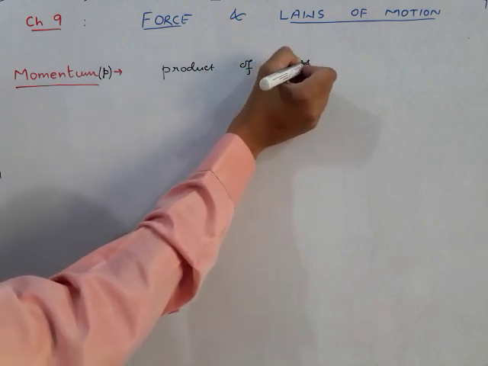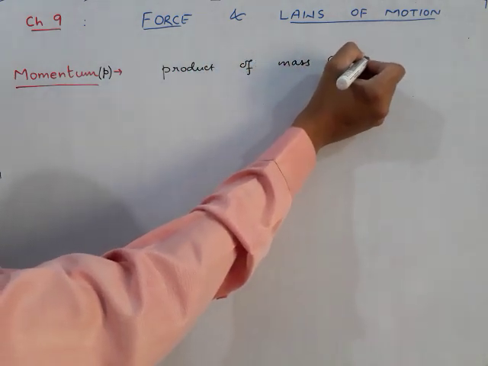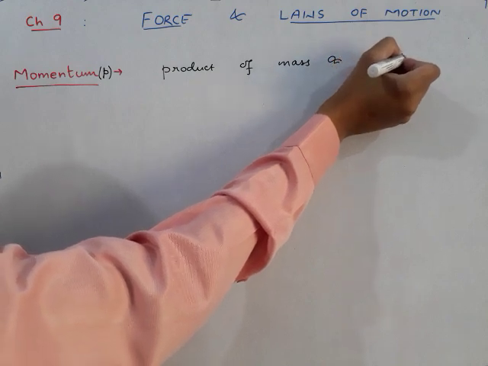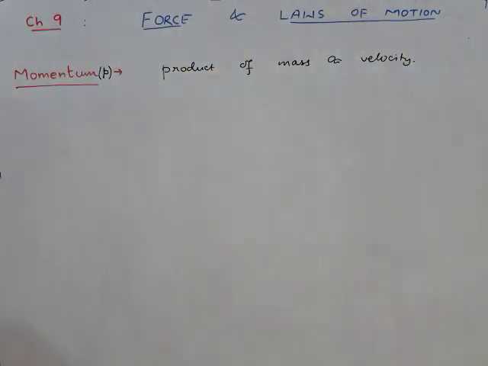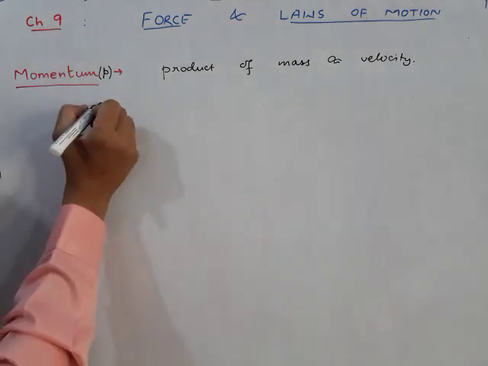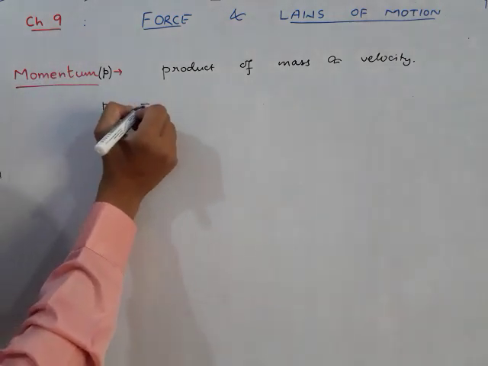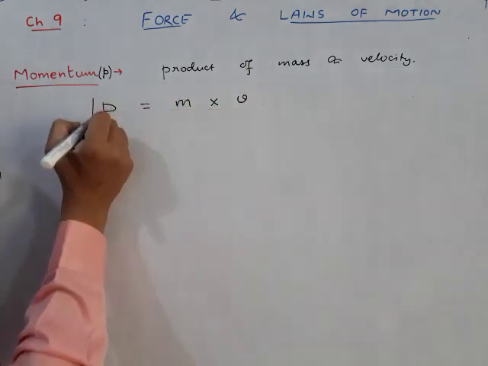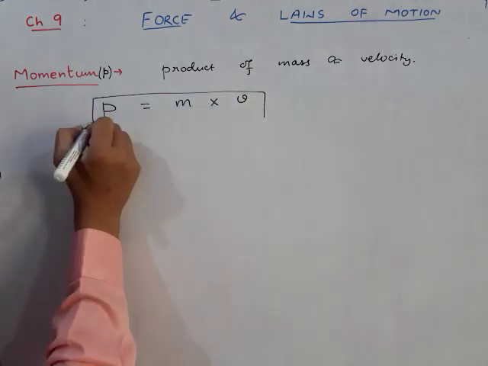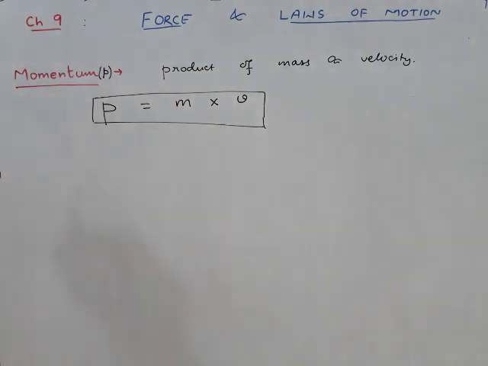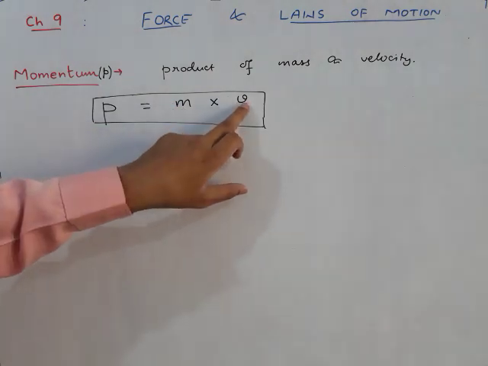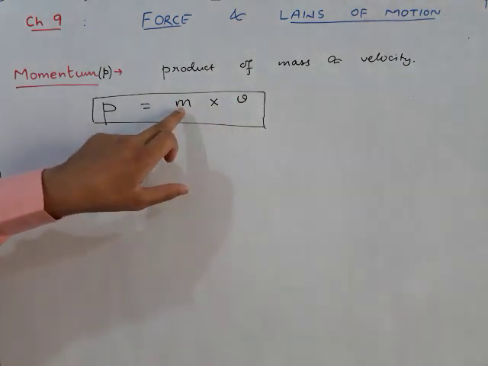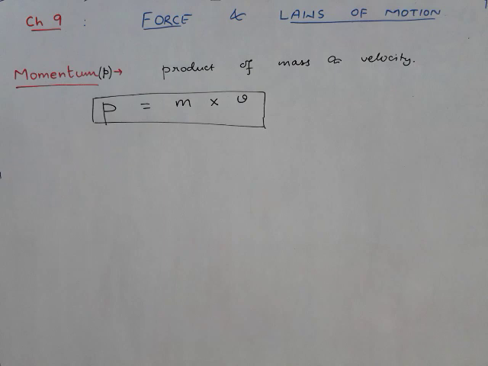One is mass and second one is velocity. So I can write the momentum P is equal to m into v. This is the definition, this is the formula for momentum. This is the meaning of momentum. For a body to possess some momentum, it must have two things. It must have some velocity, it must have some mass.